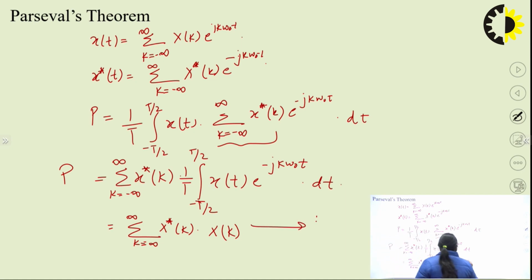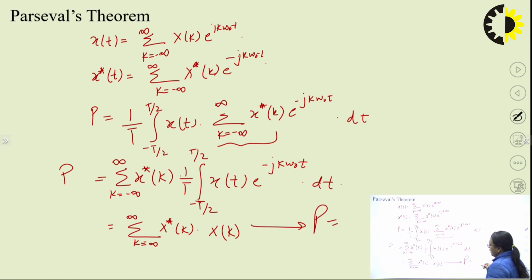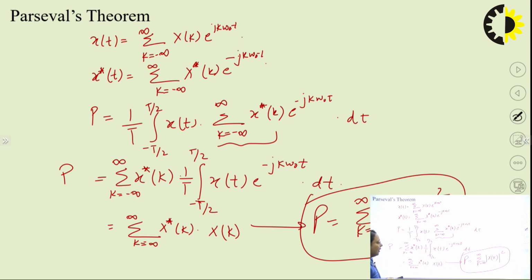So from here I can conclude that the power is equal to the summation of k equals minus infinity to infinity of mod X_k whole square. So according to the Parseval theorem, the average power of the signal will be the summation from minus infinity to infinity of mod X_k square.